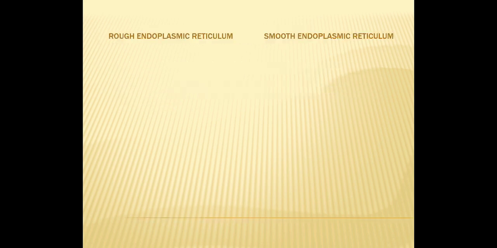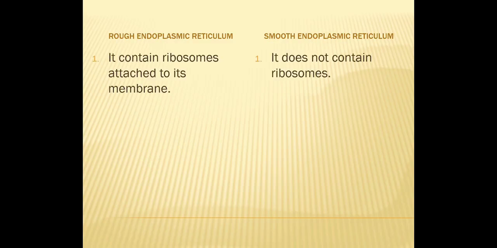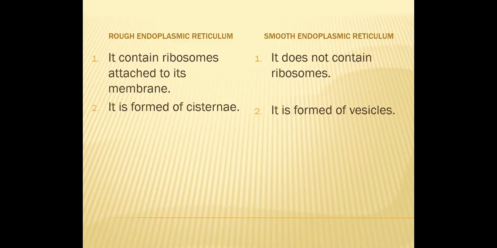Now let's see the difference between rough endoplasmic reticulum and smooth endoplasmic reticulum. First one is that rough endoplasmic reticulum contains ribosomes attached to its membrane, whereas smooth endoplasmic reticulum does not contain ribosomes.